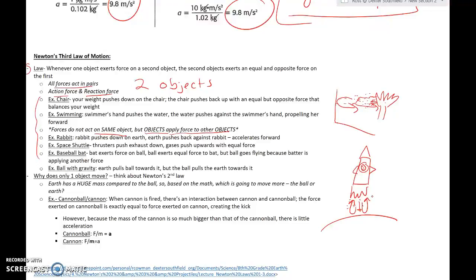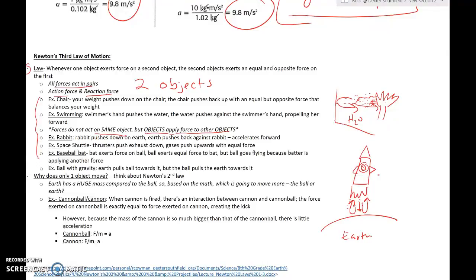So in all of these cases, whether we're talking about the human body and water, or the rocket and the Earth, we're talking about objects with different masses. The rocket, while it's very, very heavy, is not even close to as heavy as the Earth. If the rocket weighs 100,000 kilograms, the Earth weighs trillions of kilograms.